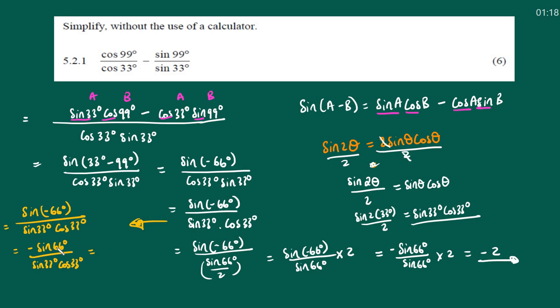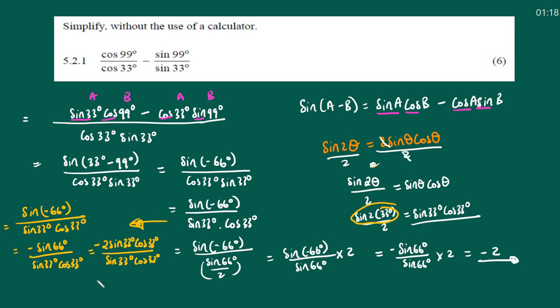Then remember, sine 66 is a double angle. It's like sine 2 into 33 degrees. So you could write it as negative 2 sine 33 degrees cos 33 degrees all divided by sine 33 degrees cos 33 degrees.